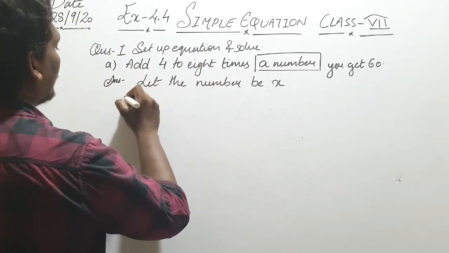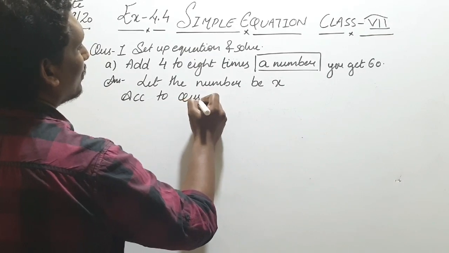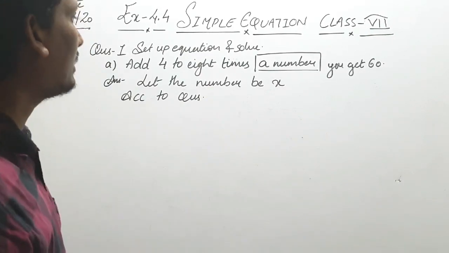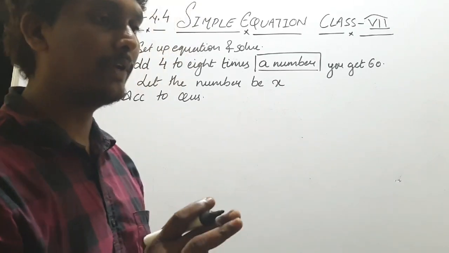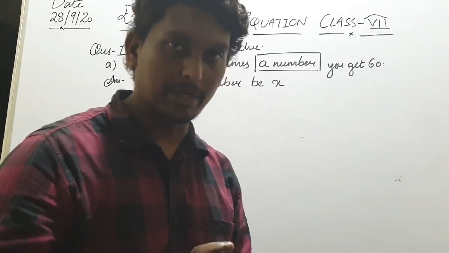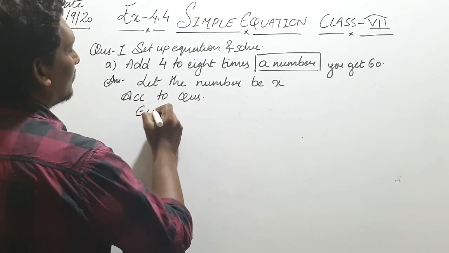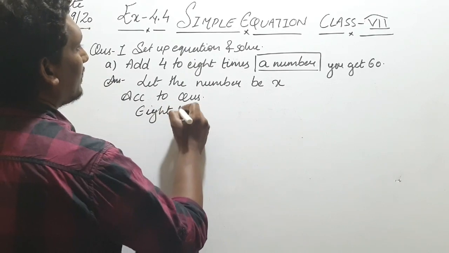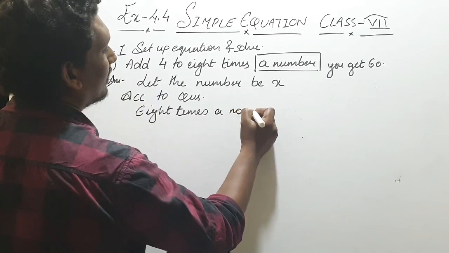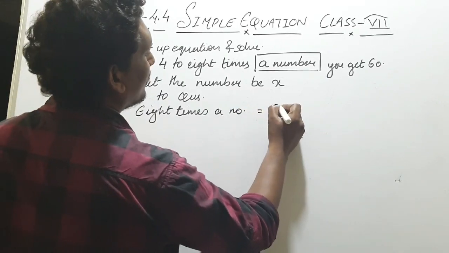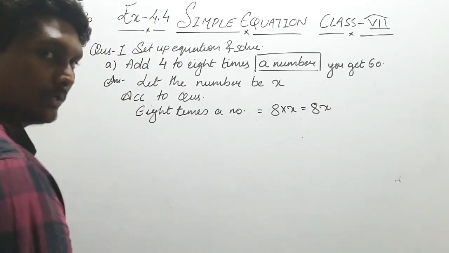Now according to the question, I am writing QUS. According to the question, 8 times a number. Here 8 times is given. When times comes, it is basically a multiplication, right? 8 times a number, that is 8 into x, is equal to 8x.